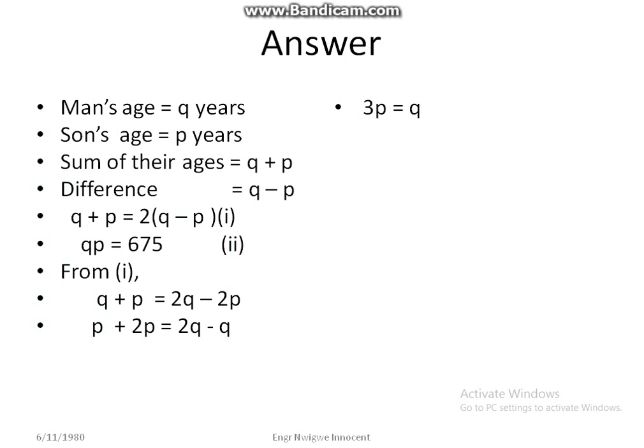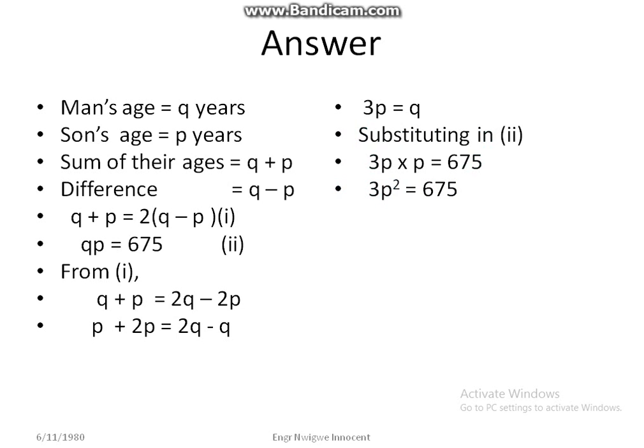Substituting Q in equation 2, we now have 3p times p is equal to 675. 3p squared is equal to 675.